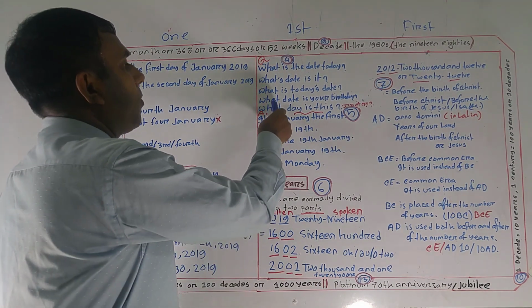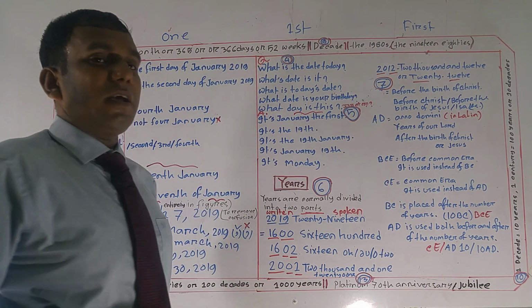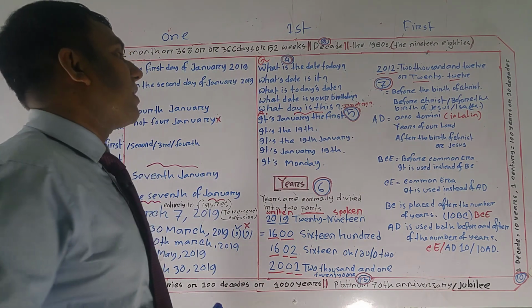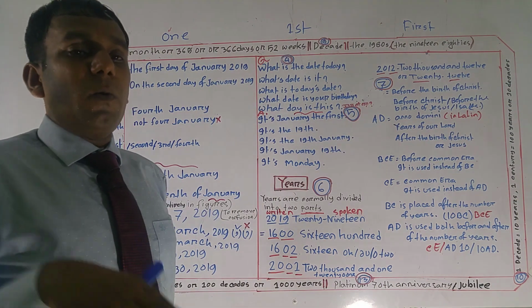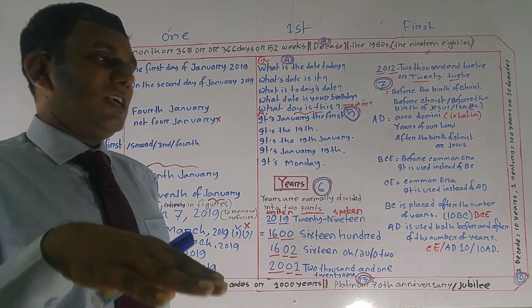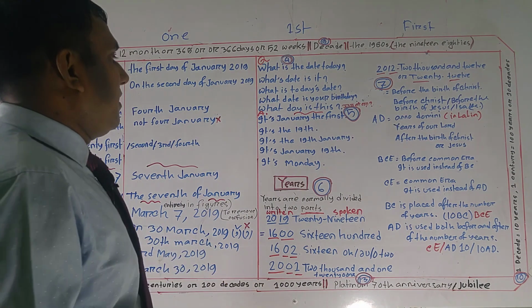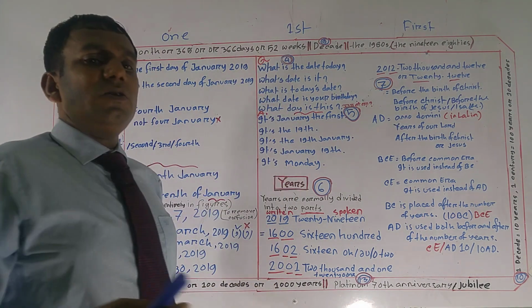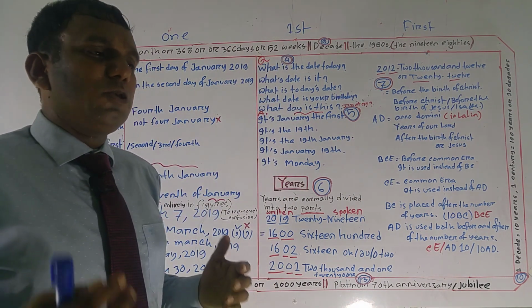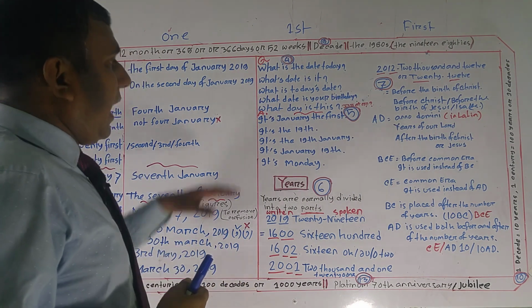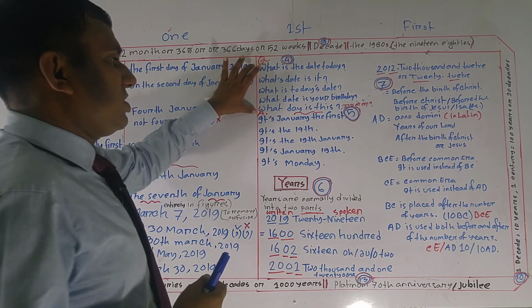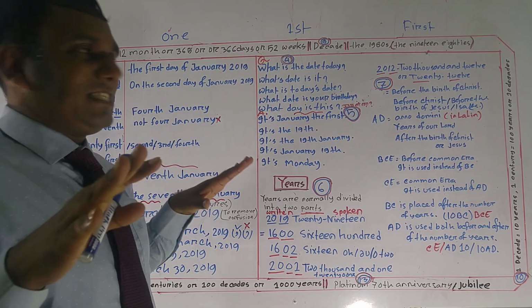And fourth, what date is your birthday? And also, what day is this? By this way you can ask the question to know about the date of the year. These four types of questions you can ask, but the meaning is the same.